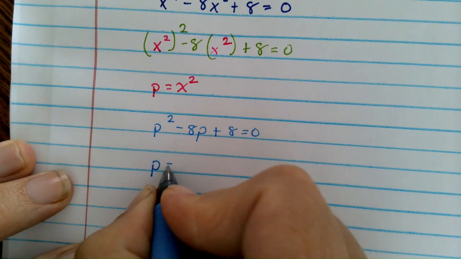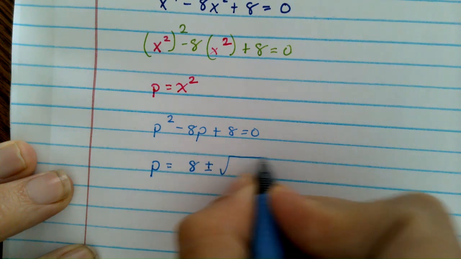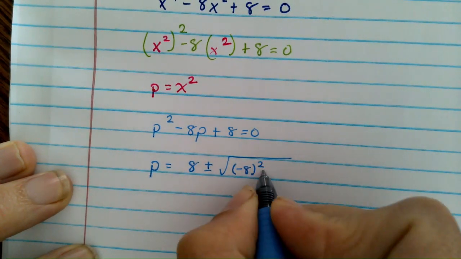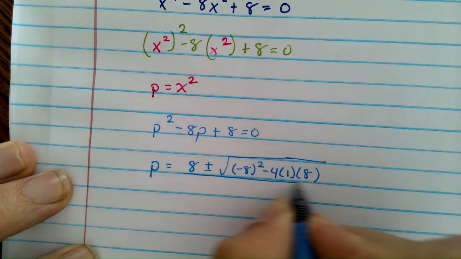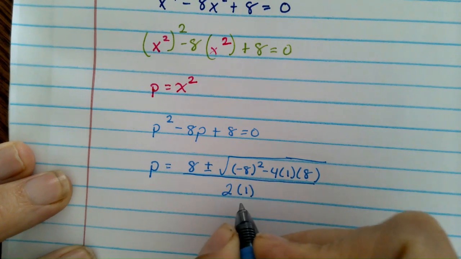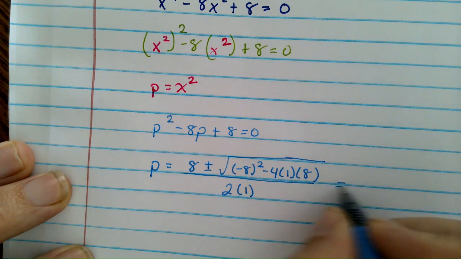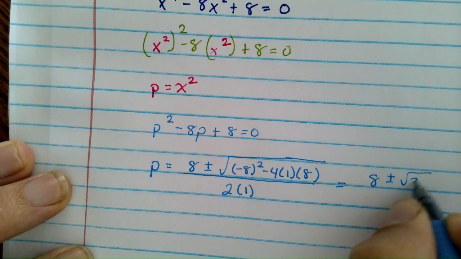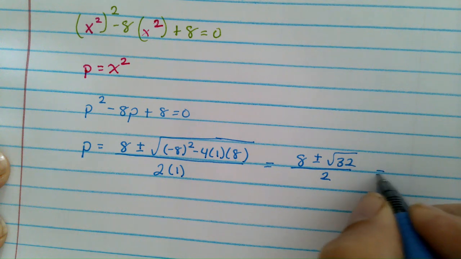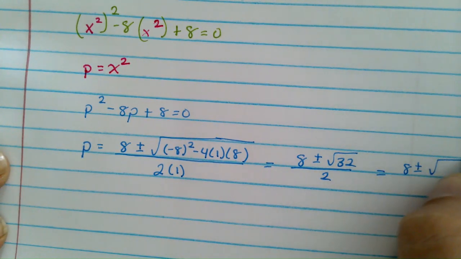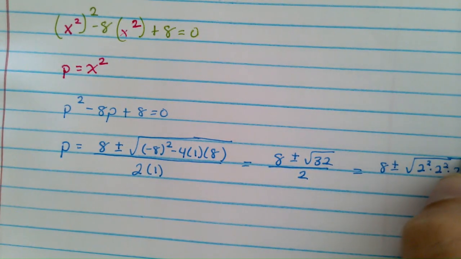So p equals, not x equals, because these are p's, negative b plus or minus the square root of b squared minus 4 times a times c, all over 2 times a. So 64 minus 32 is 32. Okay, 32 is 2 to the 5th, or 2 squared times 2 squared times 2, if you want to think about it.